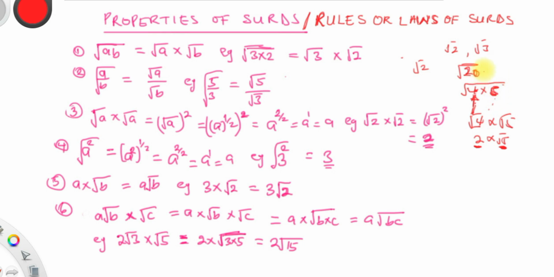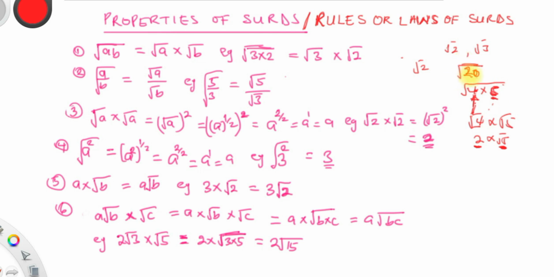I hope you understand what I'm trying to put across here. Because this square root of 20 is an irrational number, but we are saying that this 20 has a factor, which is 5. 5 is a factor of 20, which is a prime number.